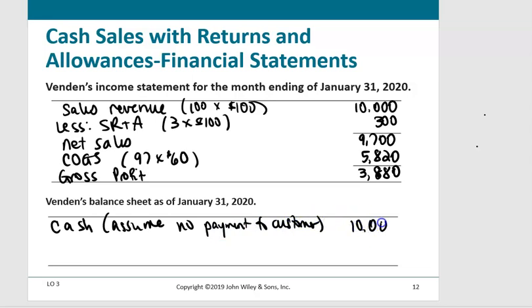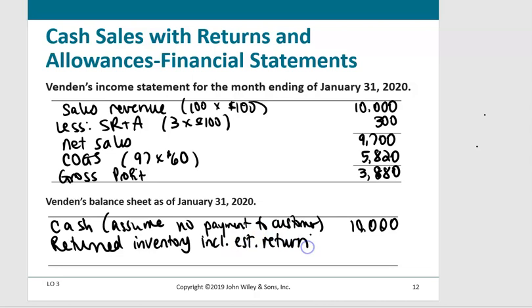we still have the 10,000 from the initial sale. We have return inventory, including the estimated future return. 3 times 60, so 180, for the 2 units that we actually received returns on and the 1 we estimate will be received, at their cost of 60 per unit.